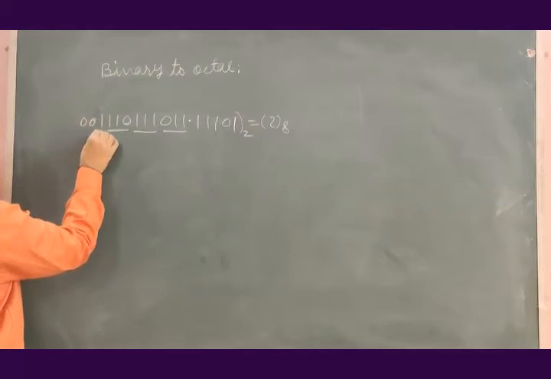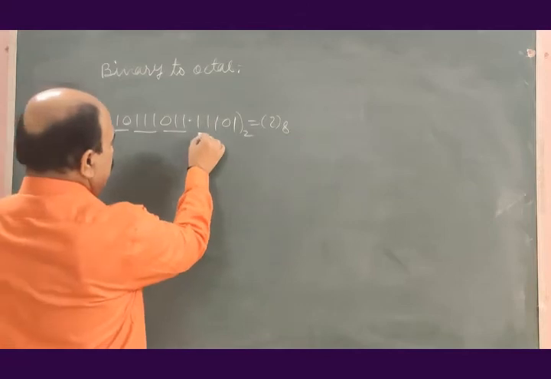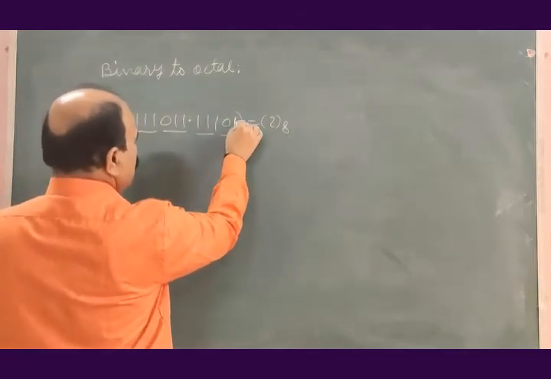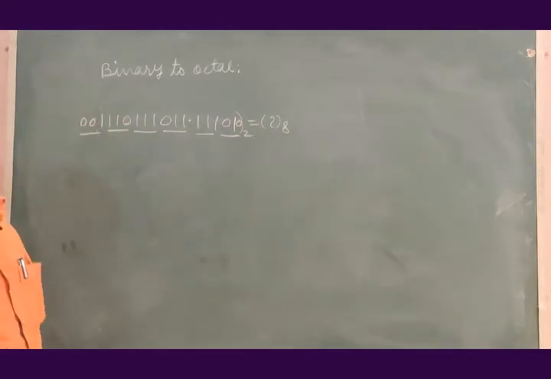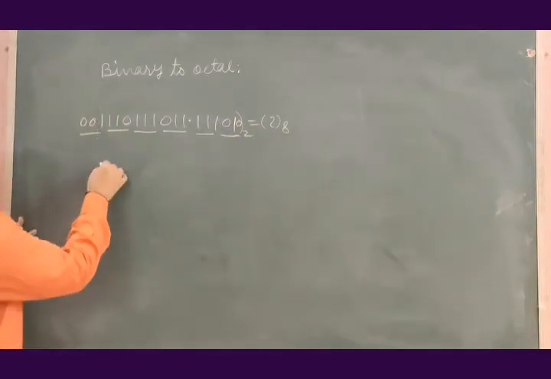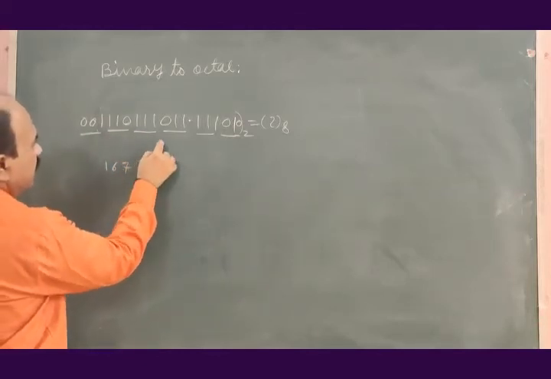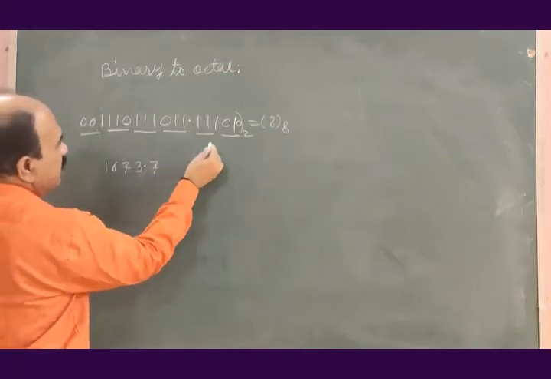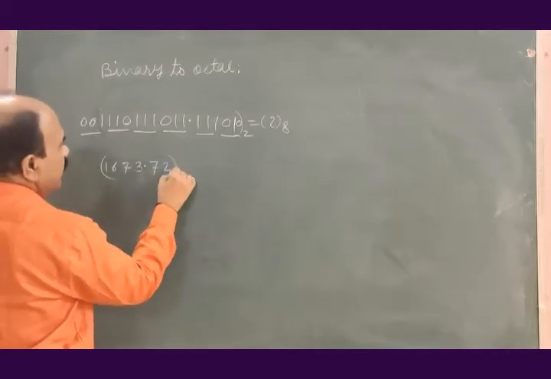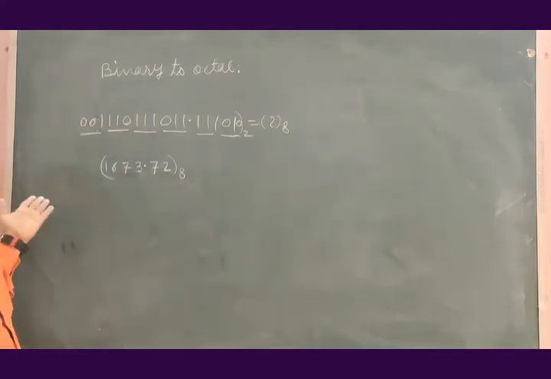Add 2 zeros to the left position. After that, 1, 2, add 1 zero. Replace every group by its octal equivalent. 0 0 1 is 1 in octal, 6 in octal, 7 in octal, 3 in octal, octal point, 7 in octal, 2 in octal. So if this is the given binary number, its octal equivalent is this.